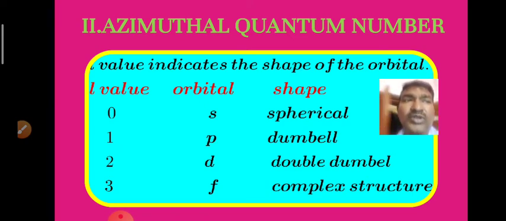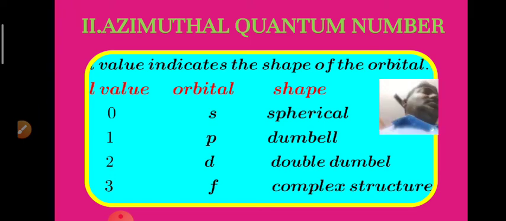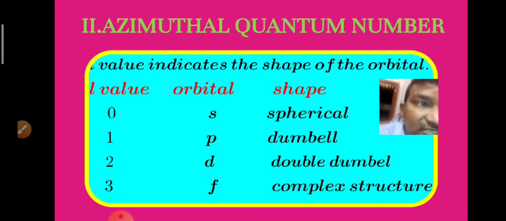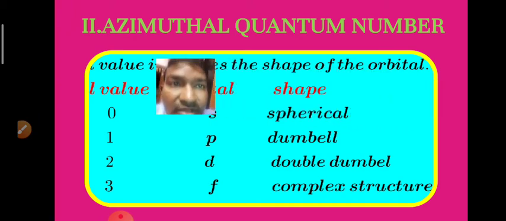If l is equal to 1, then the orbital is called a p orbital, and the shape of the p orbital is a dumbbell. If l is equal to 2, then the orbital is called a d orbital and its shape is a double dumbbell. If l is equal to 3, then that orbital is called an f orbital, and the f orbital has a complex structure.